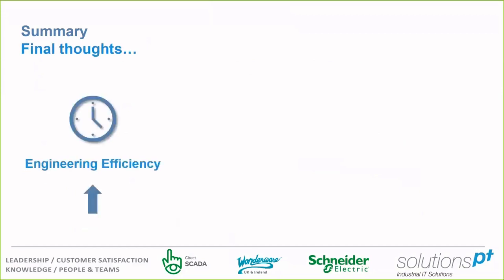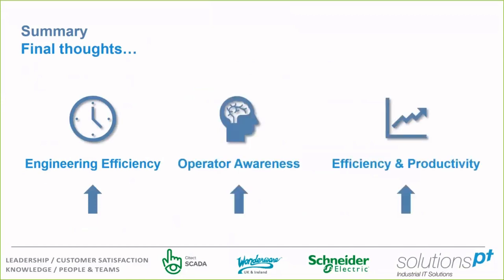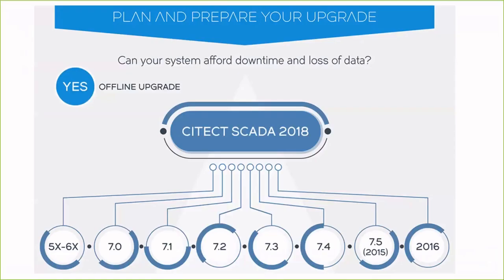So these are our final thoughts: engineering efficiency, operator awareness, and productivity. And just before we end off, just a quick view on if you're considering upgrading to Citect SCADA 2018. We obviously ask this question first and foremost, if your system can afford downtime and loss of data.